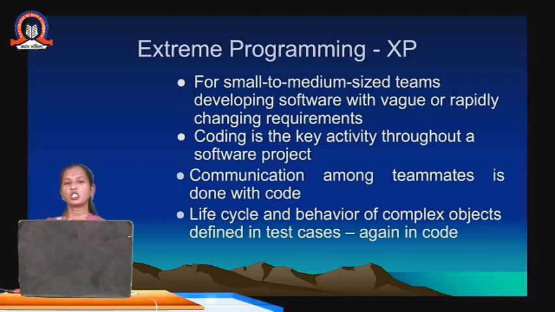For small to medium size teams developing software, extreme programming can be used. Coding is the key activity throughout the software product. Communication among teammates is done with the code. The life cycle and behavior of the complex project and objects is defined in the test cases, again in the code.